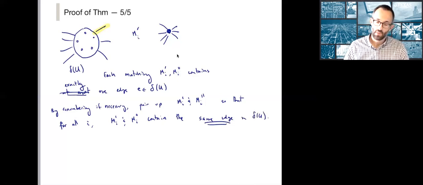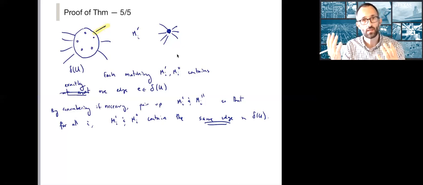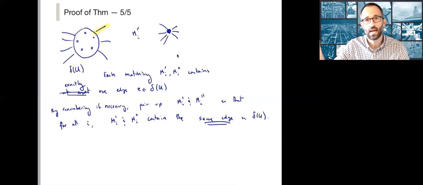So why am I doing this? Because this is going to allow me to stitch together the matchings, where I have one matching where I collapsed U, and one matching where I collapsed everything outside of U. And what is common? What is not collapsed? The thing that's not collapsed is the edges that go from U to not U. Those are the only things that I have to worry about, because any edge that's inside of U is collapsed in all the Mi dashes, so it's just not there.